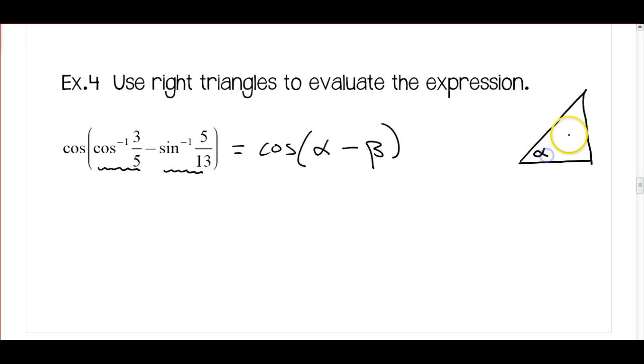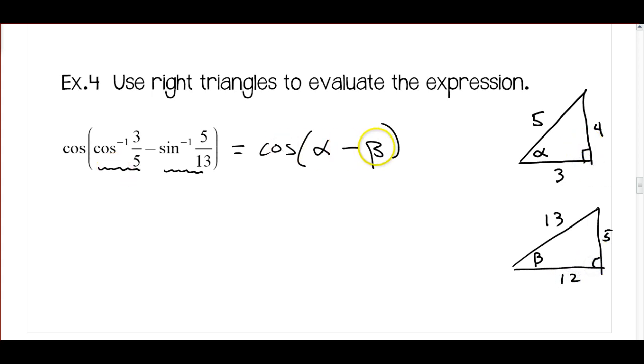This is going to be alpha, and I know the cosine of that angle is 3 over 5, so this side's going to be 4. And then I have another triangle where this angle is beta, and I know the sine of that angle is 5 over 13, so that's going to be 5, that's going to be 13, which means that's going to be 12.